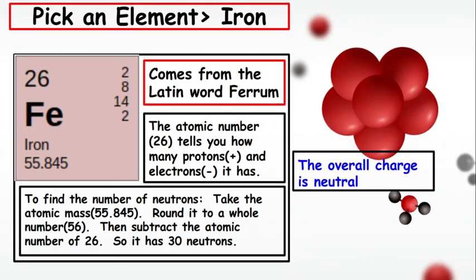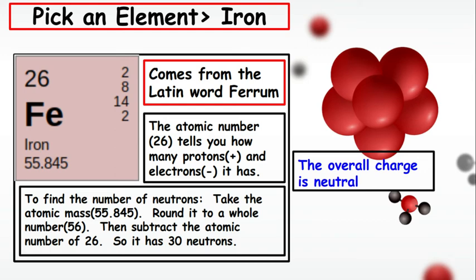Pick an element from the periodic table. Here we have iron. Here's the symbol on the upper left block, and its atomic number is 26. It is the 26th element shown in the periodic table. Iron comes from the Latin word ferrum.